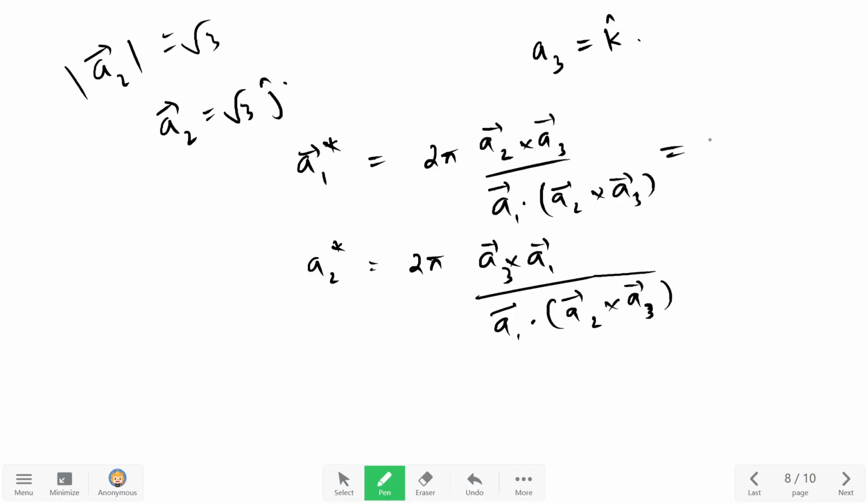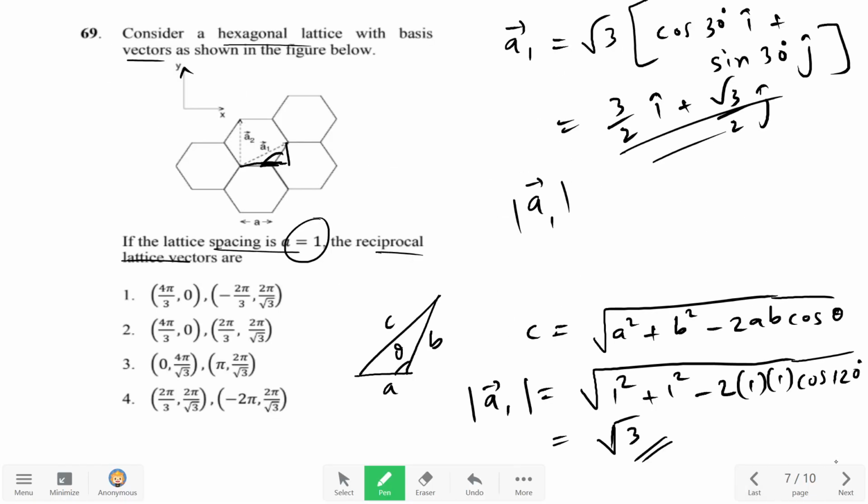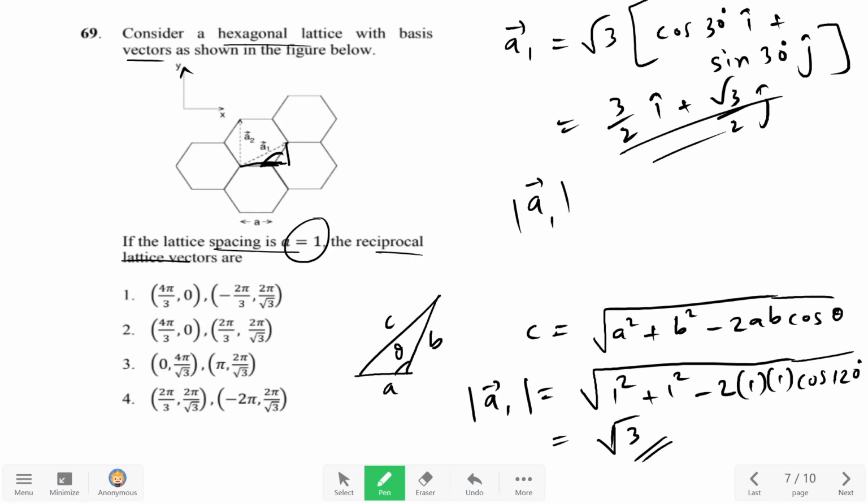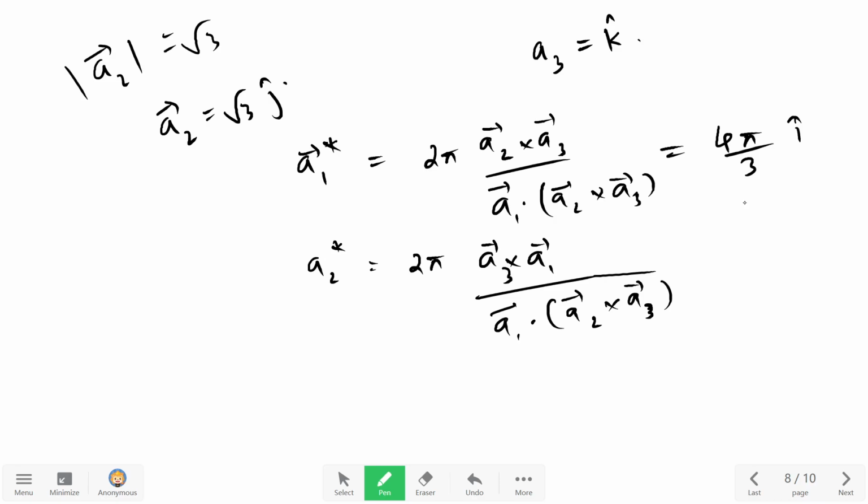Then you will find A1 star to be equal to 4 pi by 3 i cap. There is no j component. So option 1 and option 2 both have the correct A1 star. The x component is 4 pi by 3.